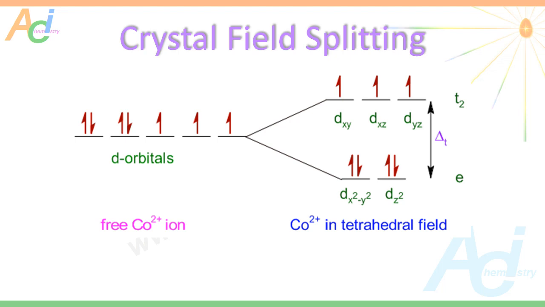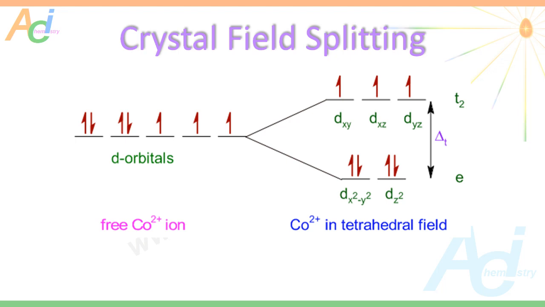The dx2-y2 and dz2 orbitals get low energy and are referred to as E set, while the other orbitals, that is dxy, dxz and dyz orbitals, get higher energy in the tetrahedral field and are referred to as T2 set.